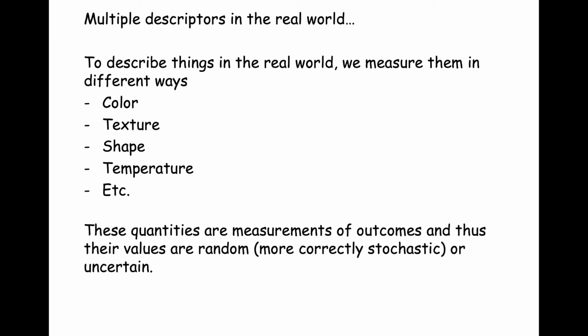You could talk about temperature, for example, if you have a temperature sensor, etc. Each one of these quantities that you can measure over a piece of data, your observation, are measurements of outcomes. And therefore, their values are stochastic or uncertain. So this idea of using random variables isn't just a neat mathematical tool. They also tie stochasticity to the real world, to sensed phenomena.